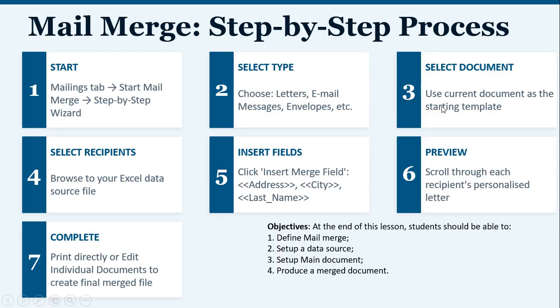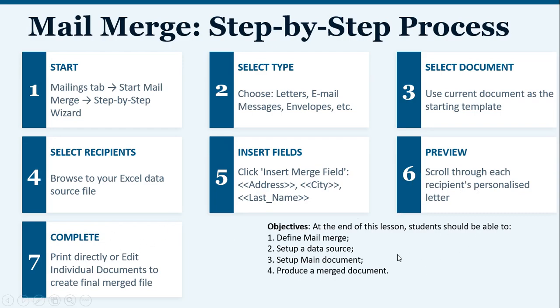In step 3, you use current document as the starting template and you browse to your Excel data containing the data source. Then you insert the fields in step 5. Set the merge fields like address, location, last name, and so on. Then at the end, you preview and you may want to edit the document folder.